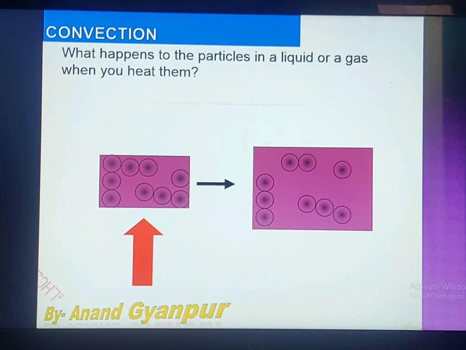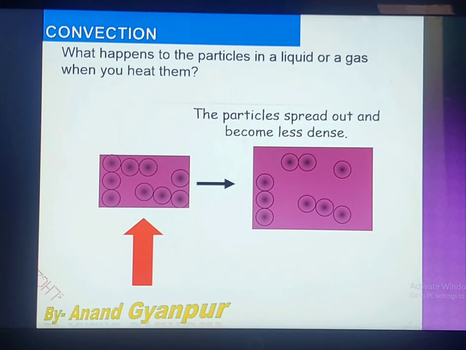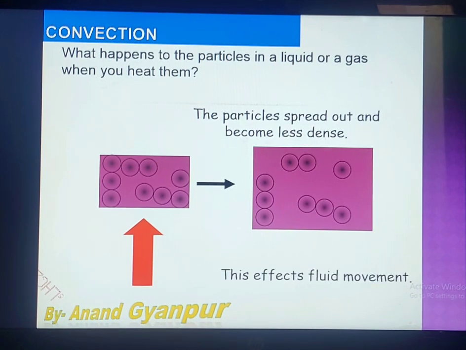When we heat the particles, they move more, and they lose density, because a colder object has more density, but a warmer object has less density. The particles spread out and become less dense when we heat the liquid, and this affects fluid movement.